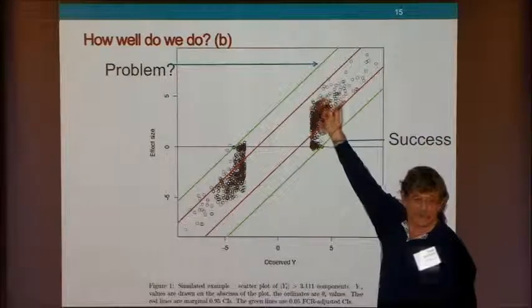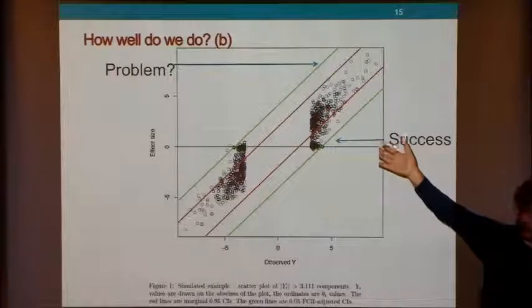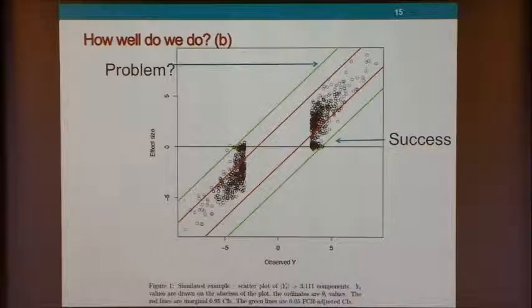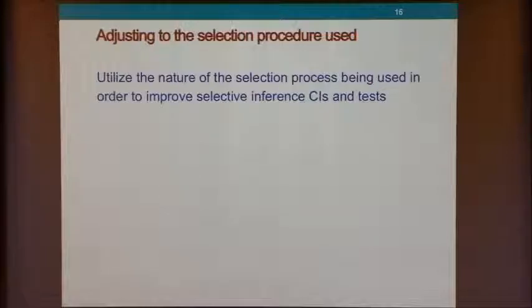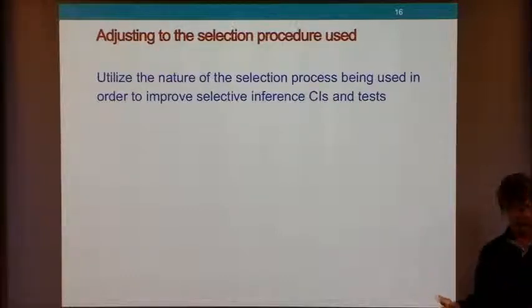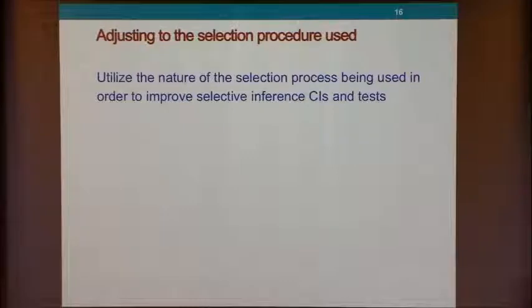But it seems that if you choose this method, you don't need to go that far in the other direction. That is, the method of selection can be utilized in order to maybe get a better selective inference confidence interval, and possibly also tests.